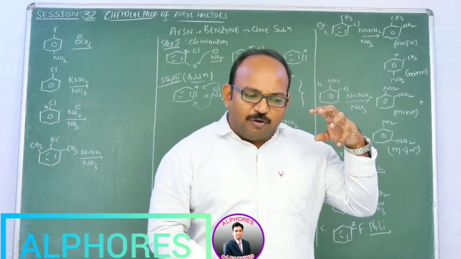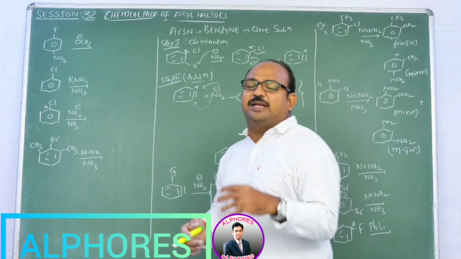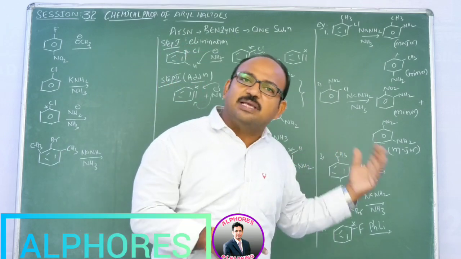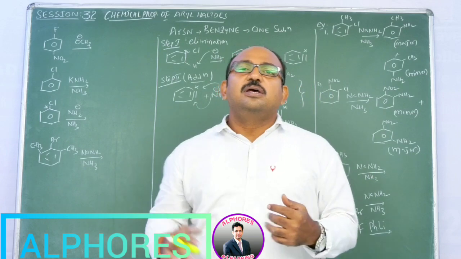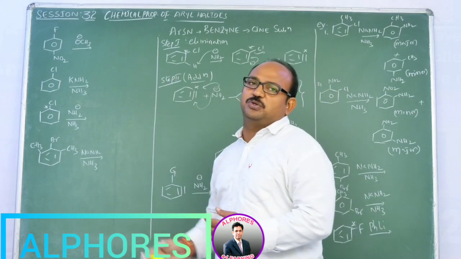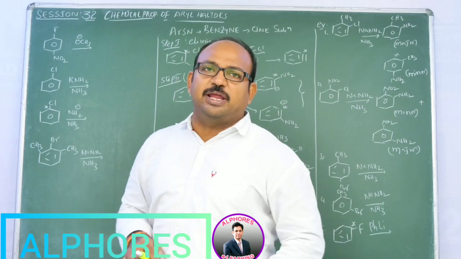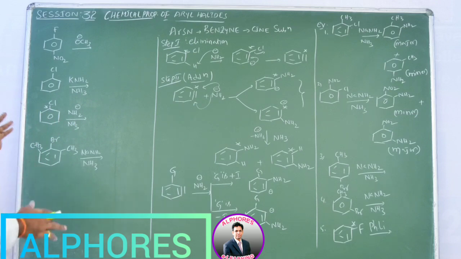Similarly, the order of reactivity of alkyl iodides, alkyl bromides, chlorides, fluorides, and aryl fluorides, aryl chlorides, aryl bromides and aryl iodides towards nucleophilic substitution, and how the presence of an electron withdrawing group facilitates more attacking of the nucleophile.